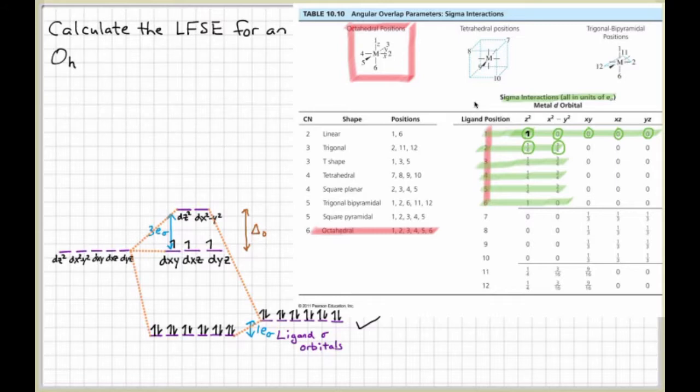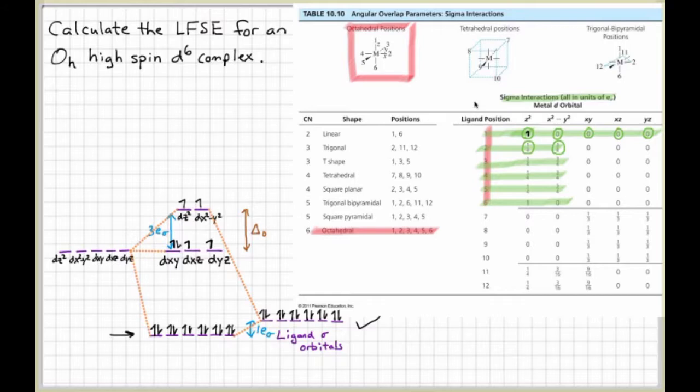Let's suppose we wanted to do a similar calculation for an octahedral high-spin D6 complex. In this case, we have 6 electrons distributed throughout the 5 d orbitals. We're assuming it's a weak field and therefore high spin, so the electrons fill in all the orbitals and only pair up in the bottom orbitals when needed.